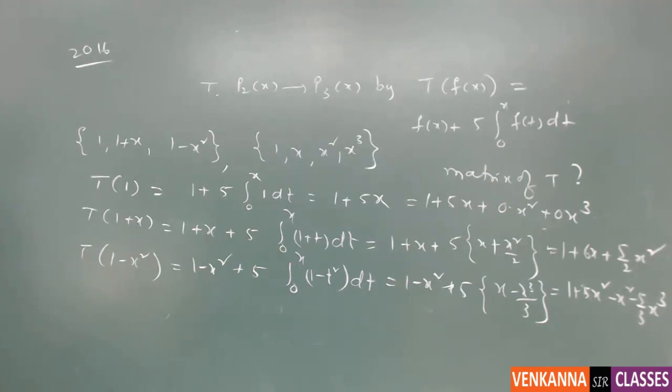This is the way of applying the function. And if you write the scalars, then you get the matrix as 1, 5, 0, 0. And here you have 1, 6, 5 by 2, 0. And there you have 1.